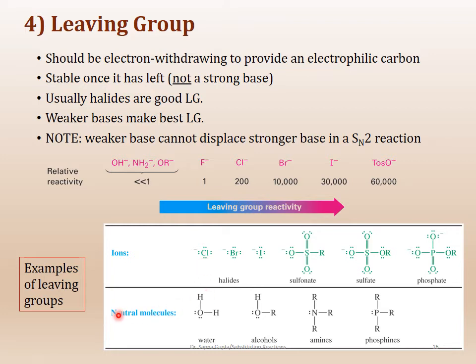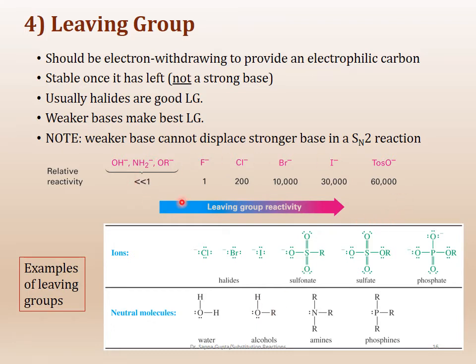Some of the neutral molecules are like water, alcohols, and amines. These ones, again, you might think are a little bit controversial, but it depends on the nucleophile that is attacking. If the nucleophile is good, then it can get rid of the amine and the phosphines also. Water is an excellent leaving group because water is a very weak base, and so are alcohols. They make for really good leaving groups.